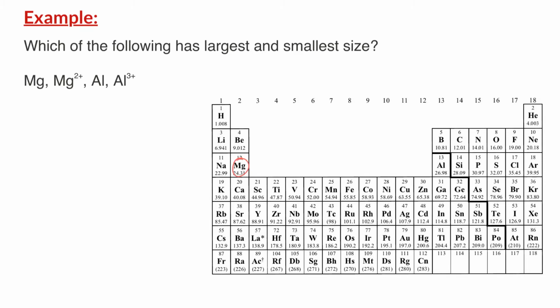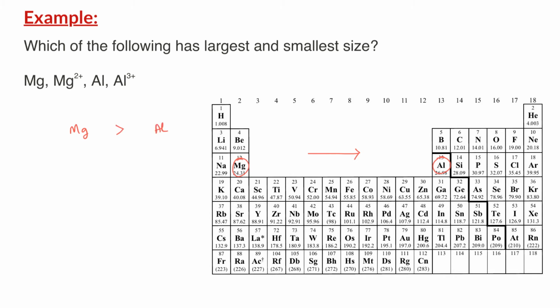We have magnesium in group 2 and aluminum in group 3. And we know that across a period from left to right, the atomic radius decreases. Therefore, we can write the relation between magnesium and aluminum as magnesium greater than aluminum.